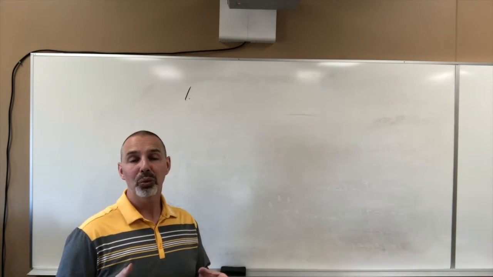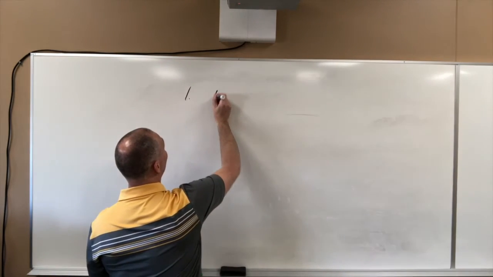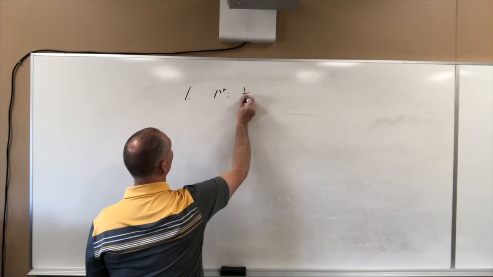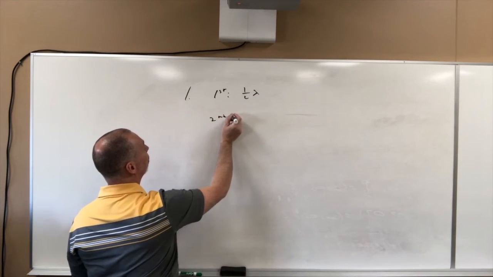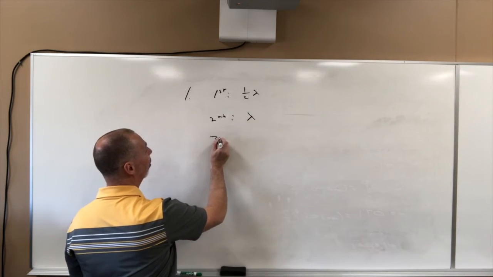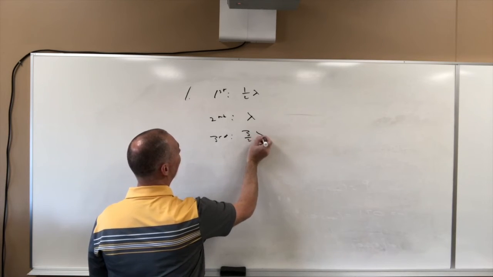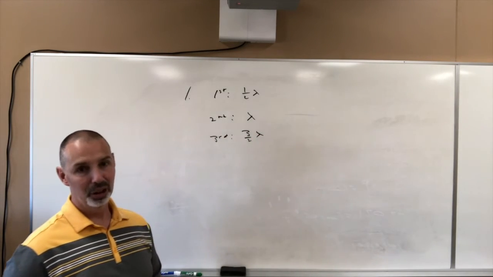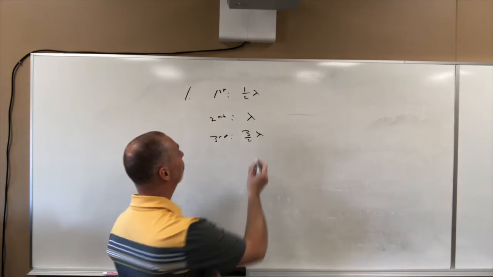So let me just write this down. The first one happens at 1/2 the wavelength. The second resonant length happens at the wavelength, and the third resonant length would be at 3/2 the wavelength. Well, the question's telling us the second resonant length is 48 centimeters.